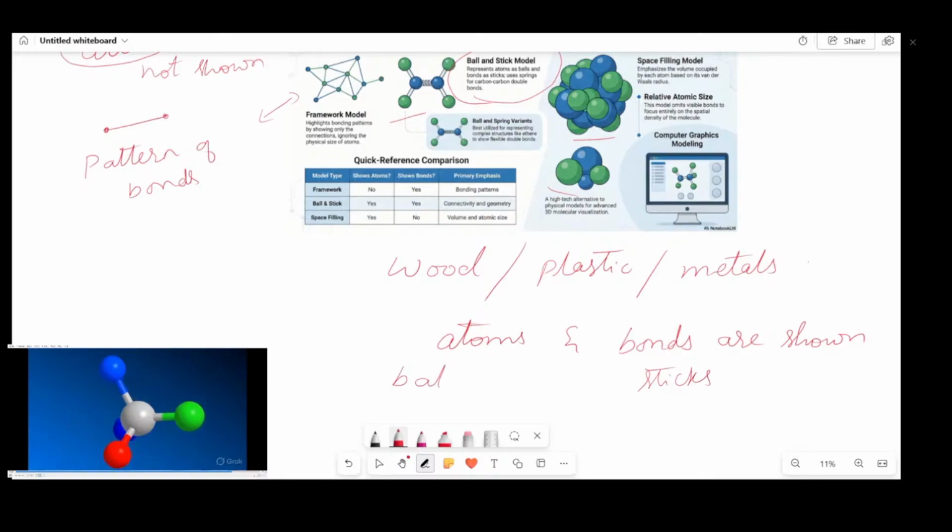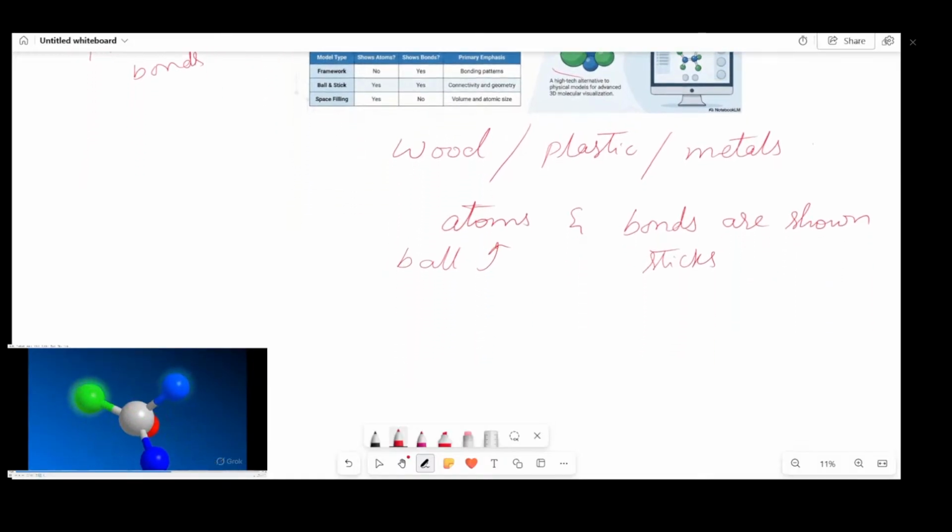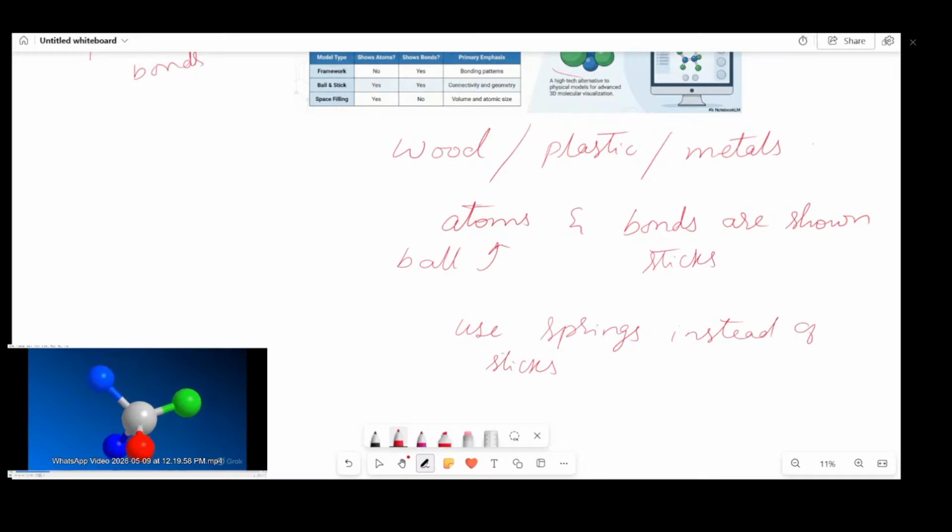Balls denote the atoms. Sometimes there will be double and triple bonds in the molecule. In that case, we are going to use springs instead of sticks.